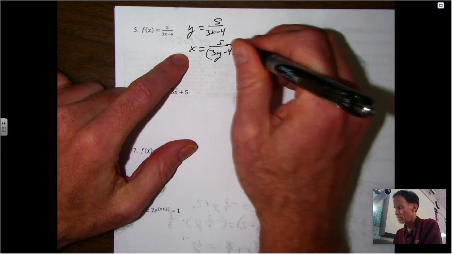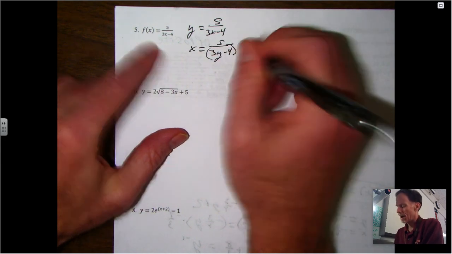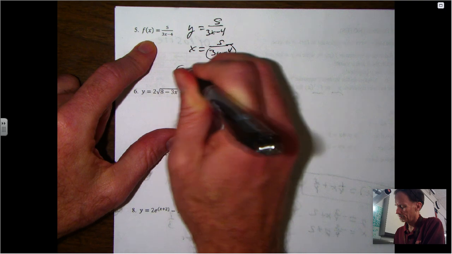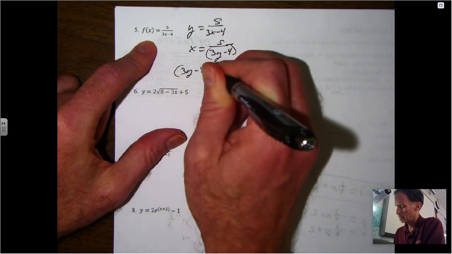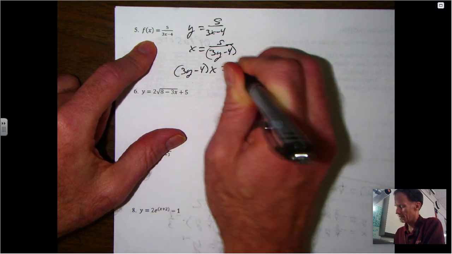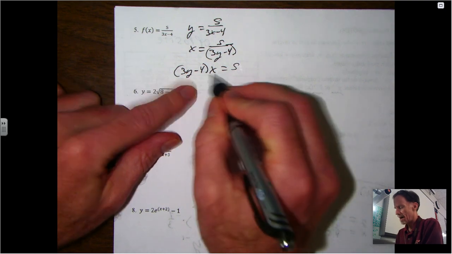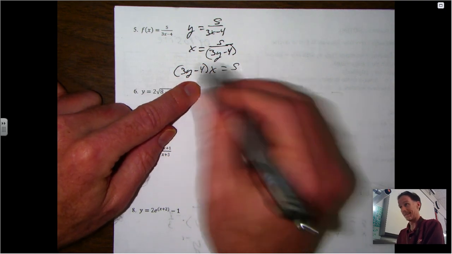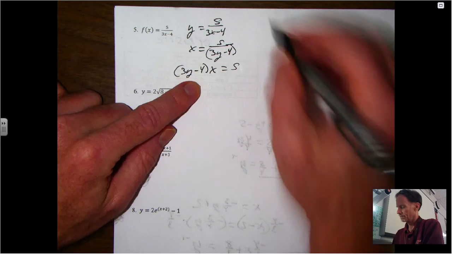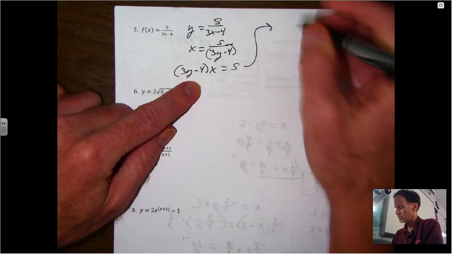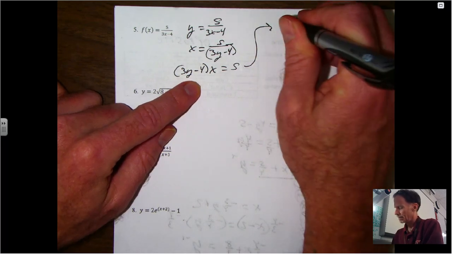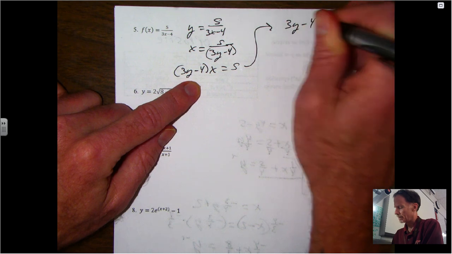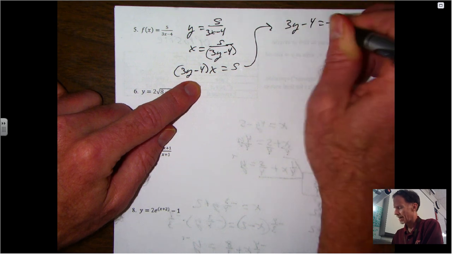So we're going to multiply both sides by 3y minus 4. So it's still going to be multiplied by x equals 5. Well, now I can just divide both sides by x. I want to get rid of the x to the other side. So if I divide both sides by x, you get 3y minus 4 equals 5 over x.